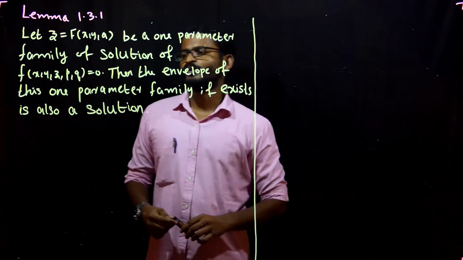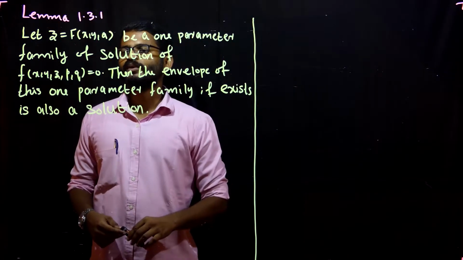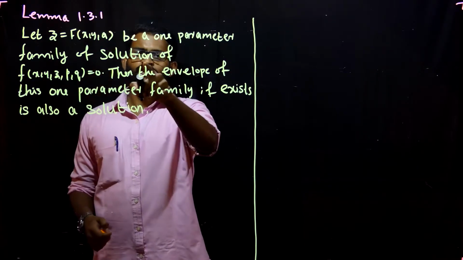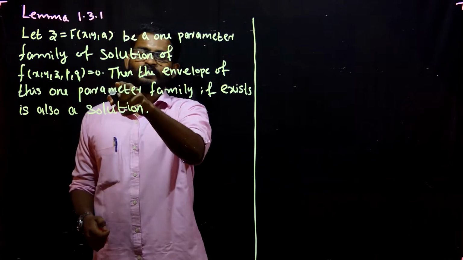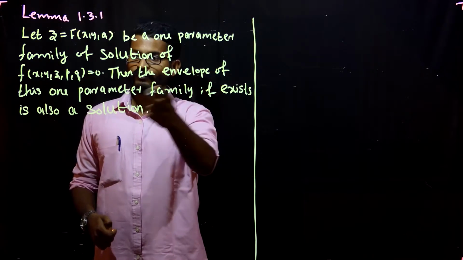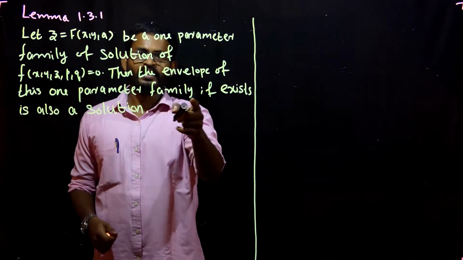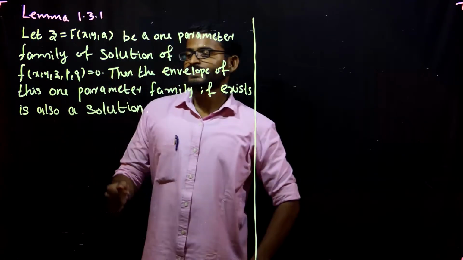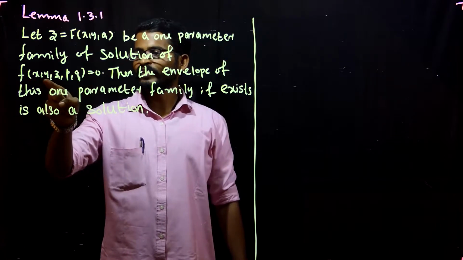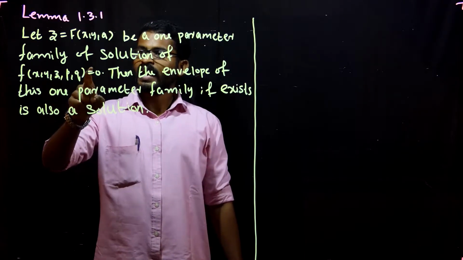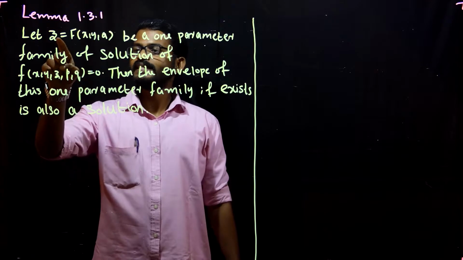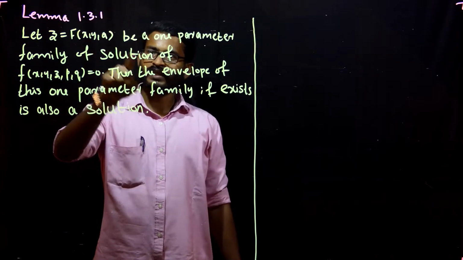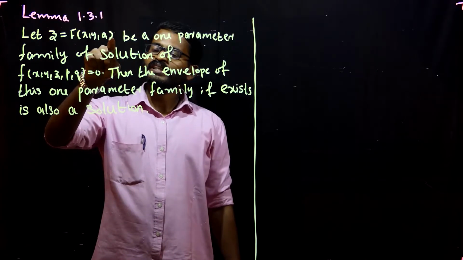Lemma 1.3.1. Let z is equal to f of x, y, a be a one parameter family of solutions of f of x, y, z, p is equal to 0. Then the envelope of this one parameter family, if it exists, is also a solution. That is, we have a first order PDE f of x, y, z, p equal to 0, and its solution is z is equal to f of x, y, a, where a is the parameter.